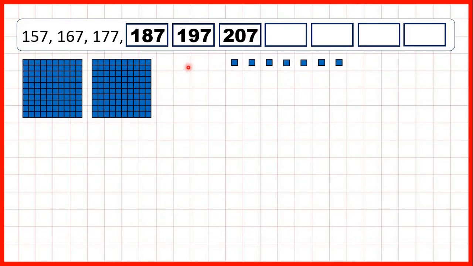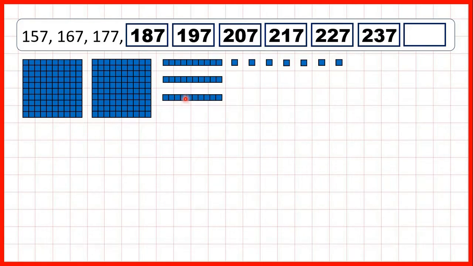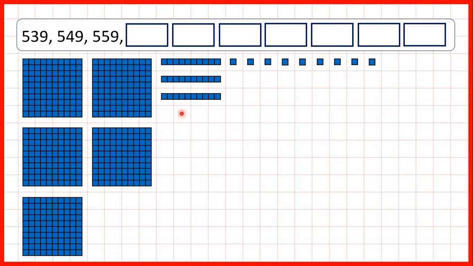So now if we keep on adding tens, we get 217, 227, 237, 247. Now we start with 539, so that's 500s, 3 tens and 9 ones.